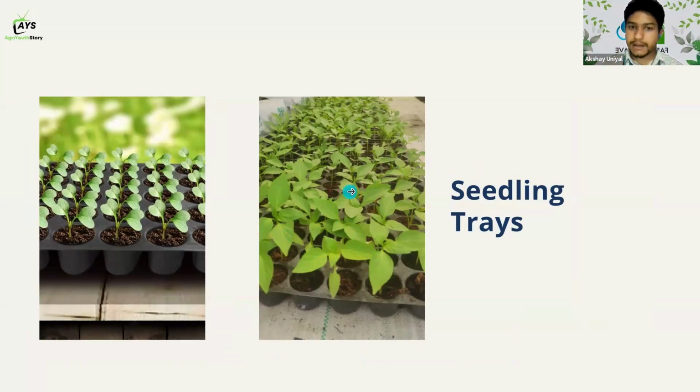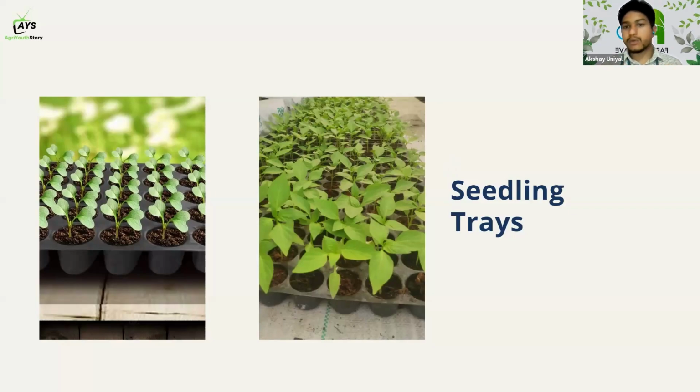So it's better to have a cocopeat mixture filled inside the seedling trays, and the seeds will be raised in a seedling tray. You will see this in most cocopeat based plants like capsicum, cucumbers and tomatoes, and almost all kinds of peppers, any kind of crop that is larger in nature.